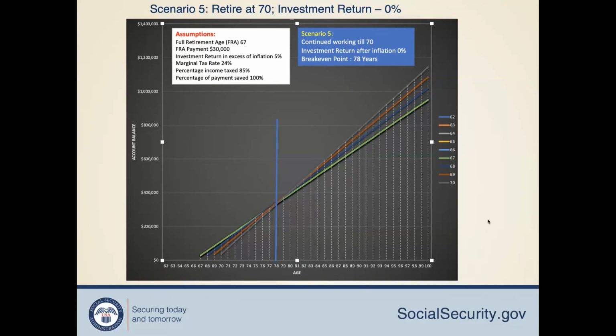You're getting confused between two things. One is the PIA calculation, which is the average of 35 years, divided by 35, or whatever number of years you worked. But the withholding is based on the current year's salary.